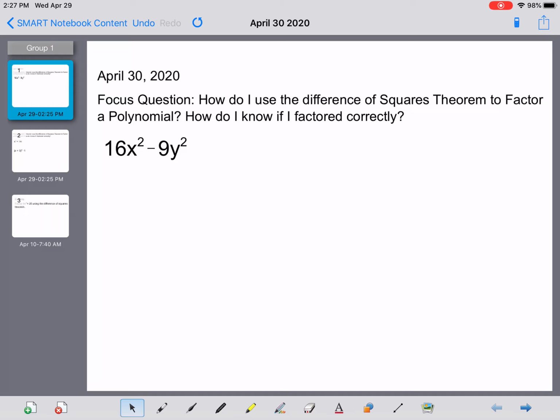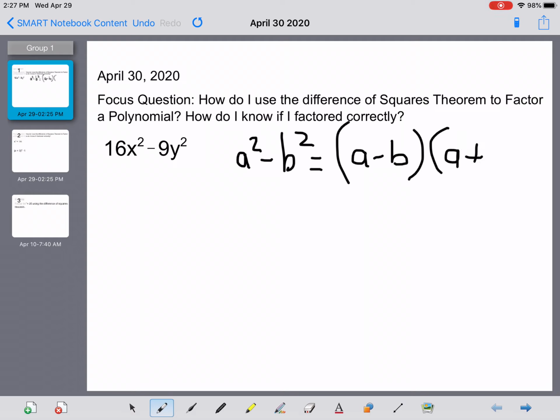Remember, our difference of squares theorem states this. If we have a polynomial that is written in this form, a squared minus b squared, and we factor it, the theorem says that it's going to be factored into the quantity of a minus b times the quantity of a plus b.